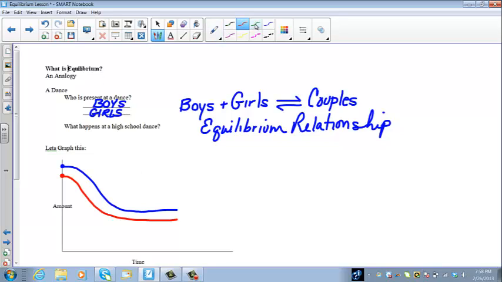And then you may have some couples, or maybe some boys and girls form couples while they're at the dance, and that looks like this. During this section right here, we have equilibrium.